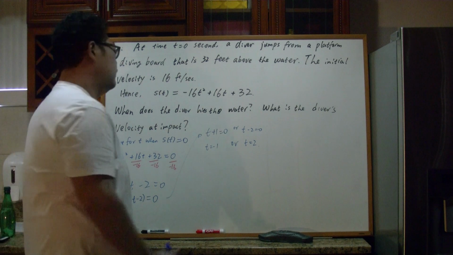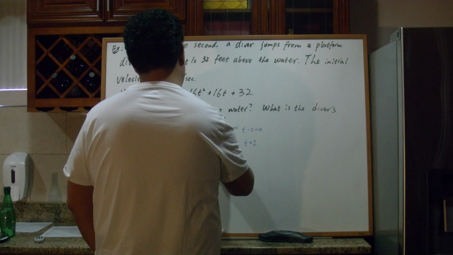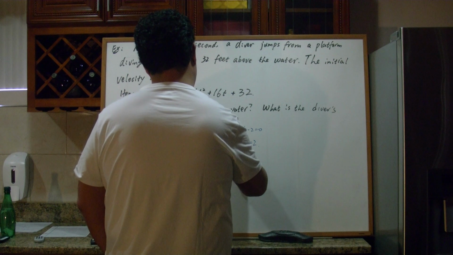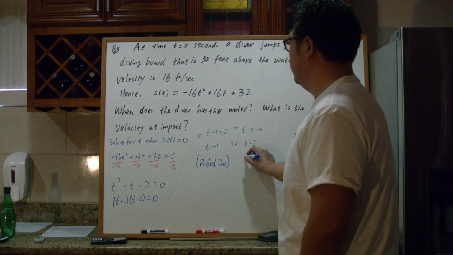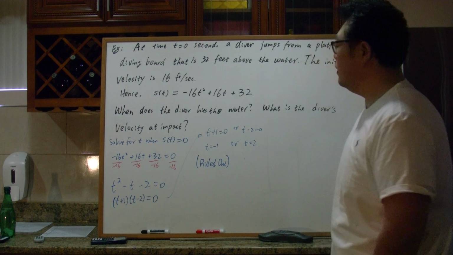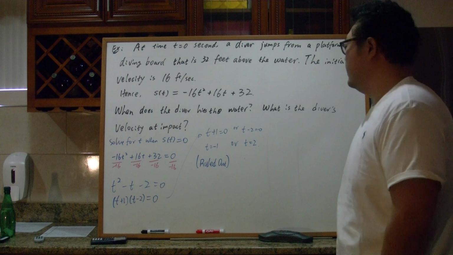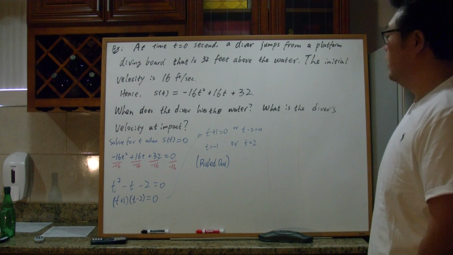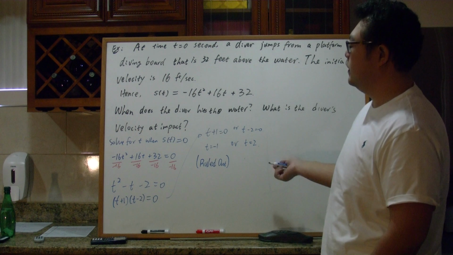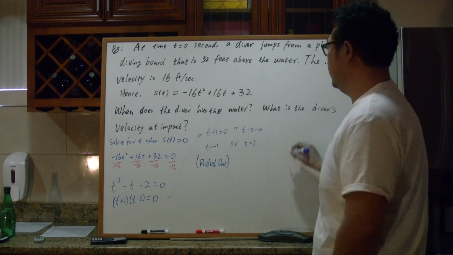So a negative value for t is ruled out, and we only take t to be 2. The second question asks for the diver's velocity at impact, so we need the velocity function, and at impact the time is 2, as we figured out already.